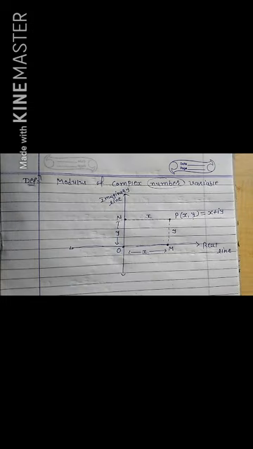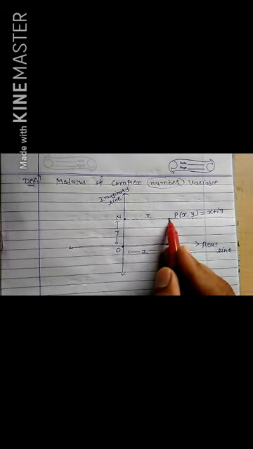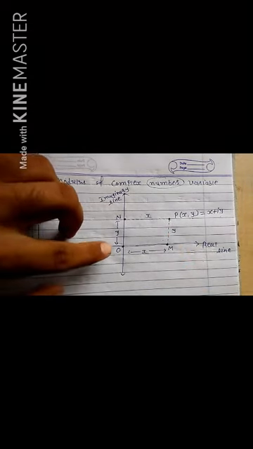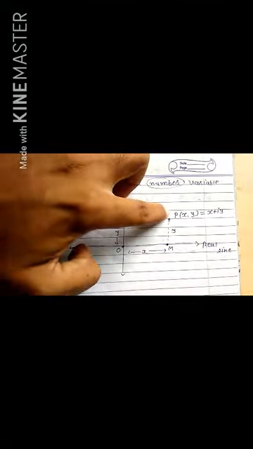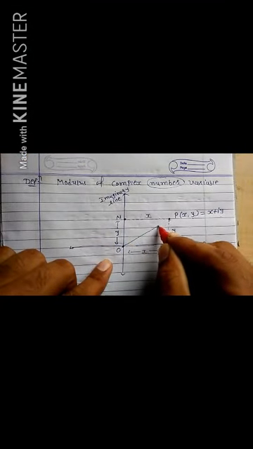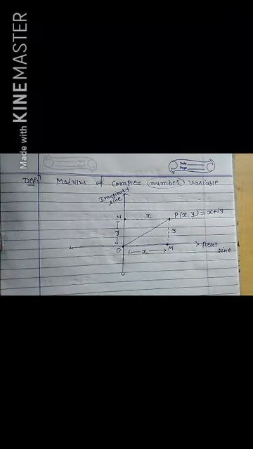Modulus is the distance from origin O to point P. So first find the distance between the origin and point P.